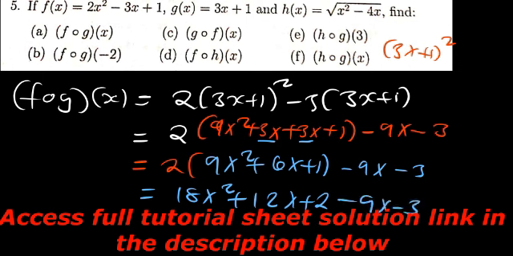Write them together. This and this can be added, this and that can be added. So it will be 18x squared, 12x minus 9x is 3x, 2 minus 3, negative 1.